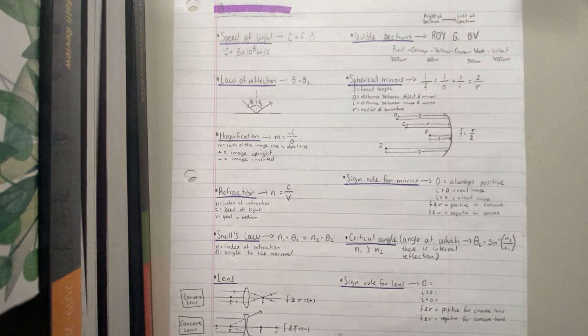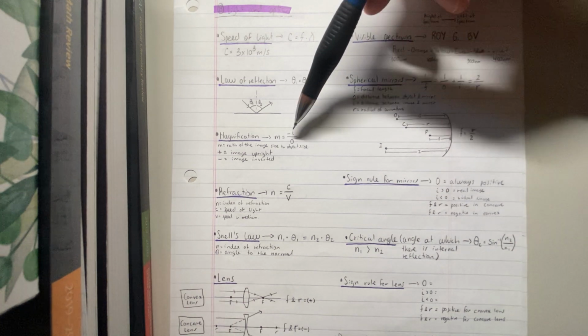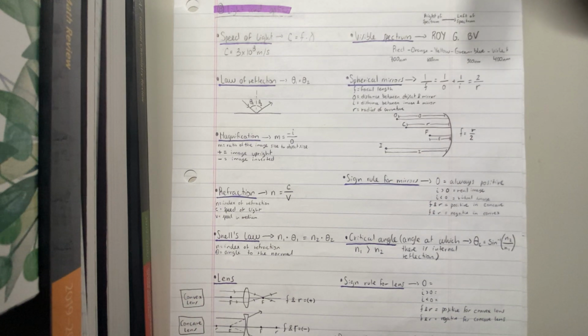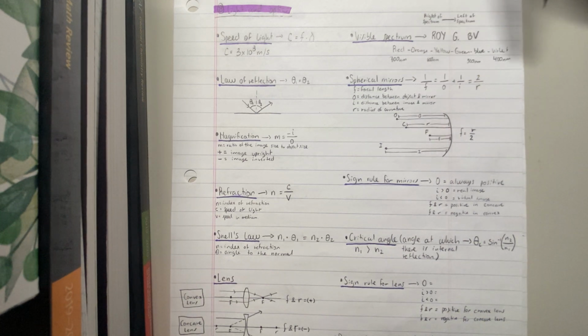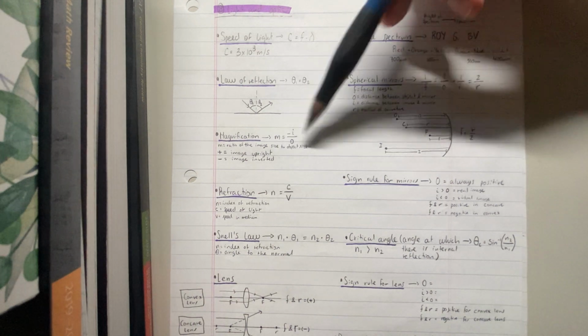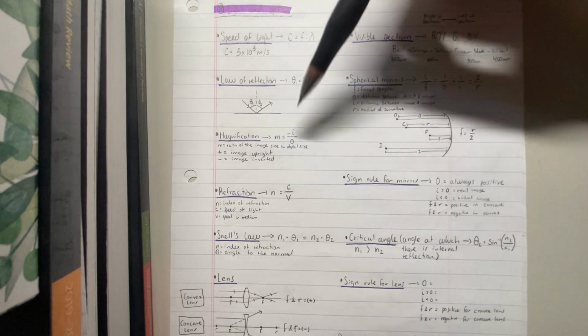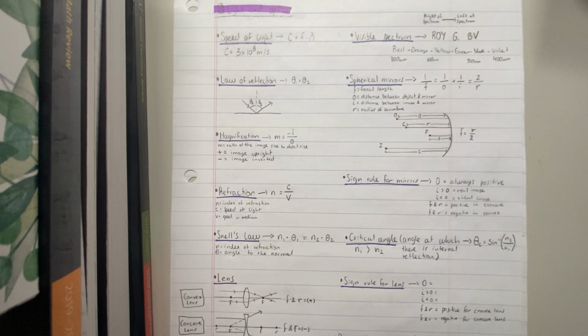So M is the ratio of the image size to the object size. If the image is upright, then the signs cancel out and you get a positive. And if the image is inverted, then the image distance is going to stay positive, and the overall result is going to be negative.